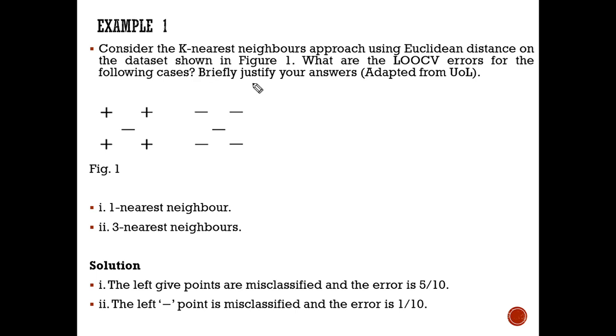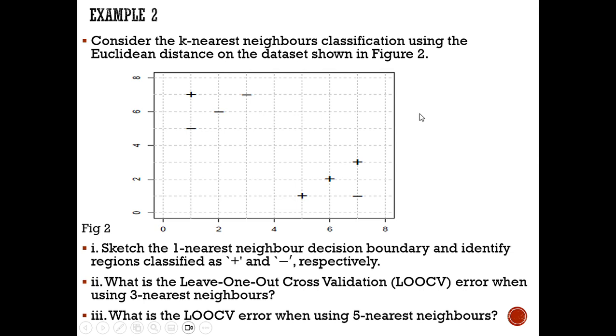When we pull the two together, it is 1 out of 10. So the misclassification error based on 3 nearest neighbors is 1 over 10. That is the solution. Let's go to the next example.